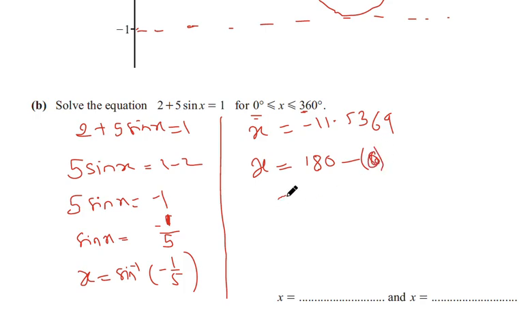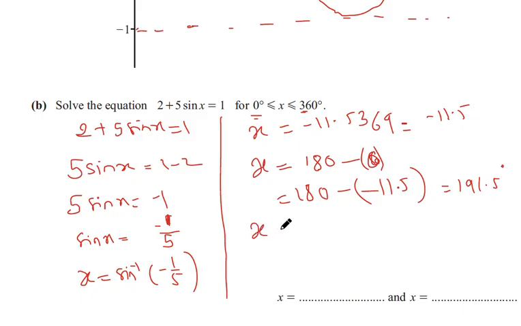So 180 minus theta means 180 minus of minus 11.5. I am going to consider this value as minus 11.5. So 180 minus of minus 11.5 will become 191.5 degrees. This is the first value. Also we know that the sine value can be found by 360 plus theta. So one value is 180 minus theta and another value is 360 plus theta.